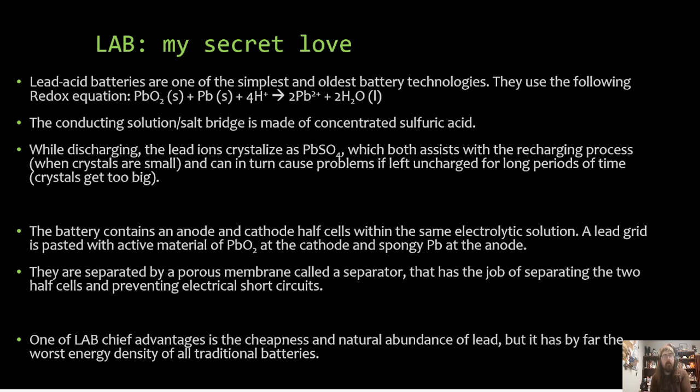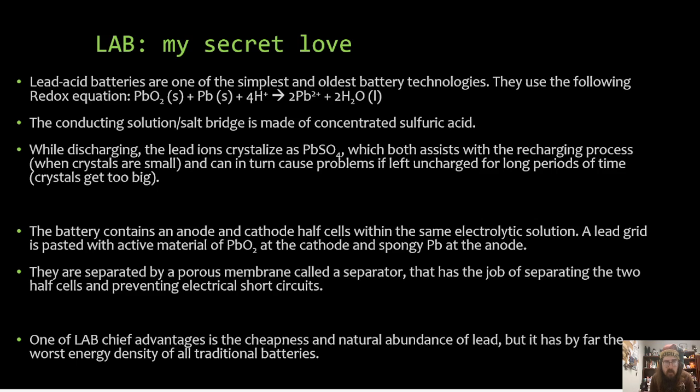And this is very useful when the crystals are small. However, one thing they warn you is don't leave a battery dead for a long period of time. Don't let them stay discharged. If you let your battery die and you don't fix it for too long, you're essentially allowing large lead sulfate crystals to form.